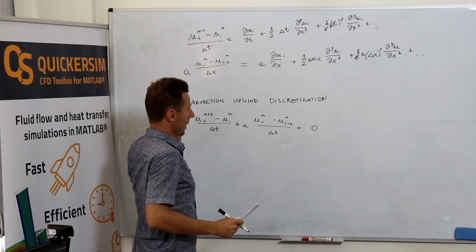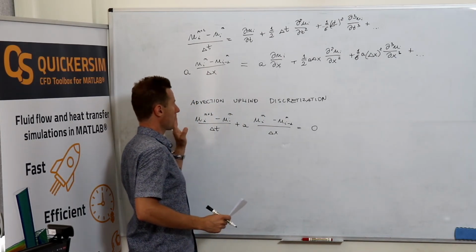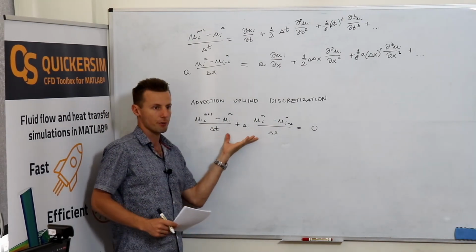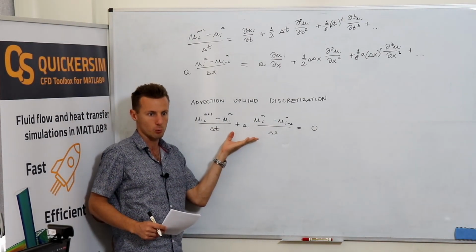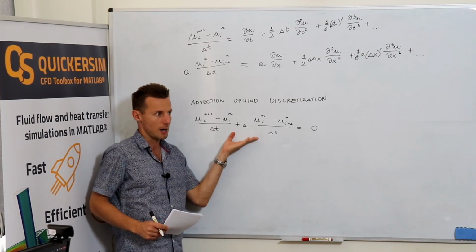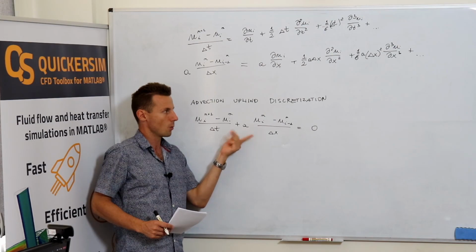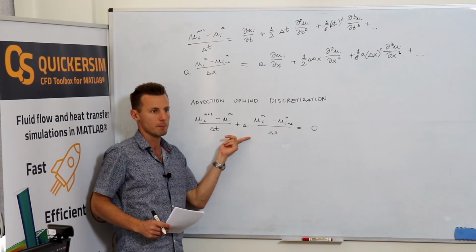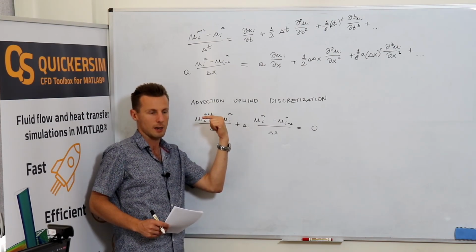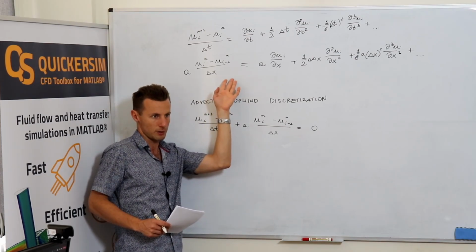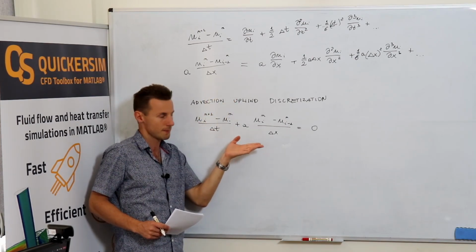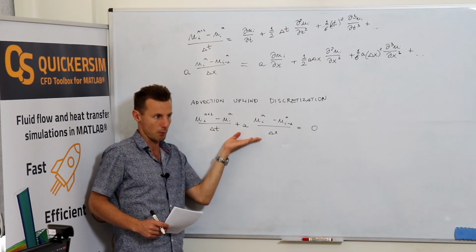Okay, so let's ask ourselves the following question. We have got this numerical scheme that we are using to solve the unsteady advection equation. The question is, we came up with this scheme starting with the advection equation, the differential equation that we wanted to discretize. And that's the scheme that we came up with.